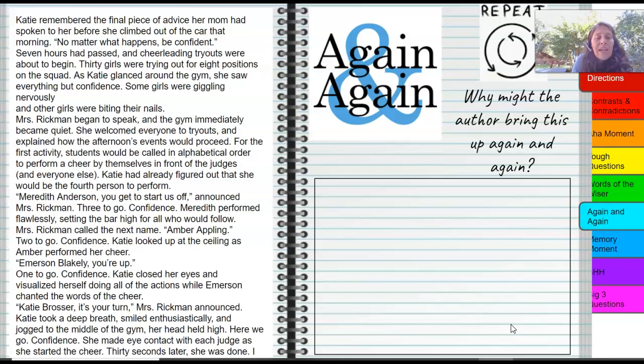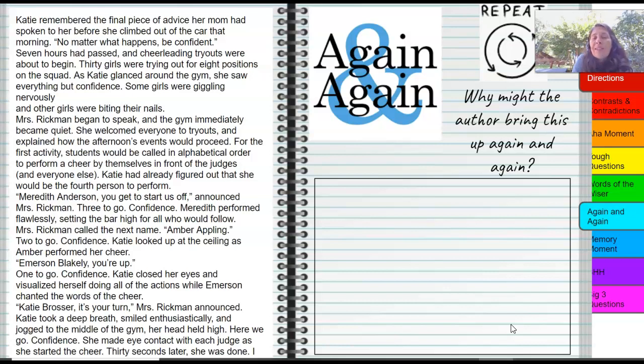Confidence. Katie closed her eyes and visualized herself doing all the actions while Emerson chanted the words of the cheer. Katie Brosser, it's your turn, Mrs. Rickman announced. Katie took a deep breath, smiled enthusiastically, and jogged to the middle of the gym, her head held high. Here we go. Confidence. She made eye contact with each judge as she started the cheer. 30 seconds later, she was done.